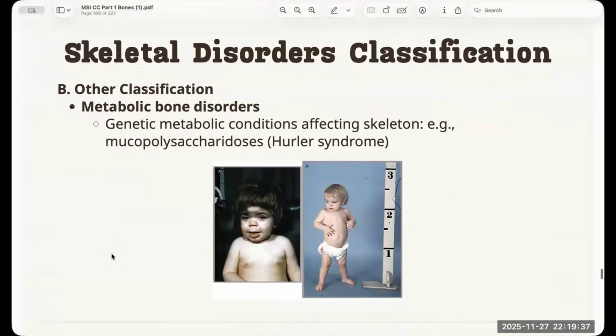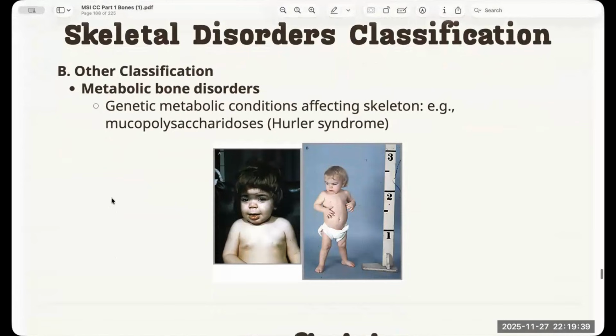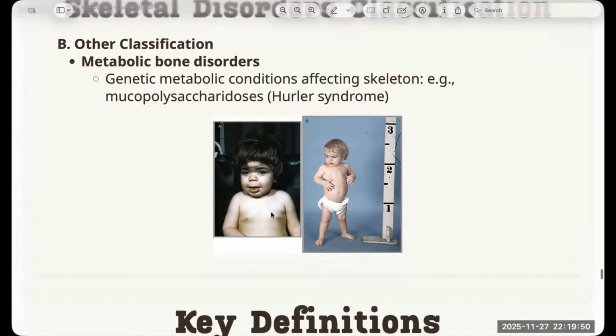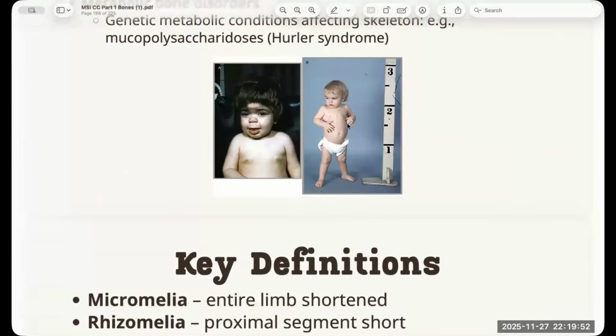The second entity or the other classification is metabolic bone disorders, genetic metabolic conditions affecting the skeleton, such as mucopolysaccharidosis or Hurler syndrome. These pictures were attached to the lecture, so of course I added them for quick reference.